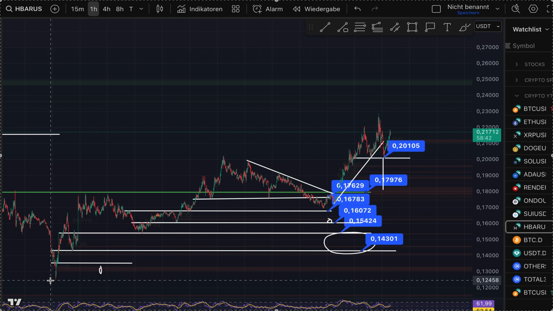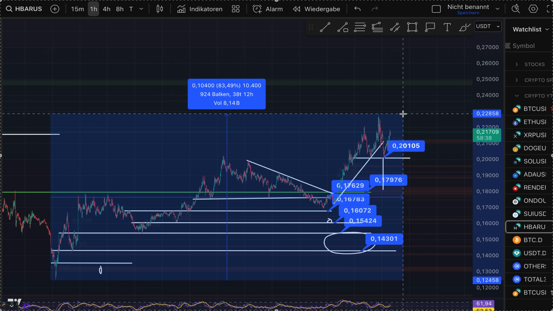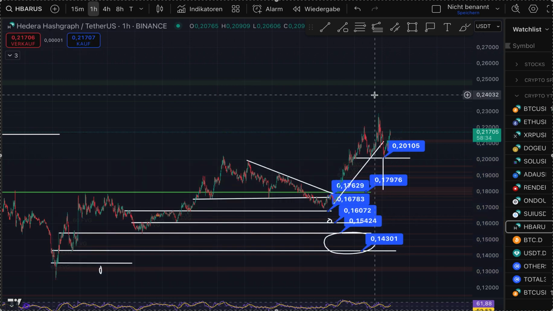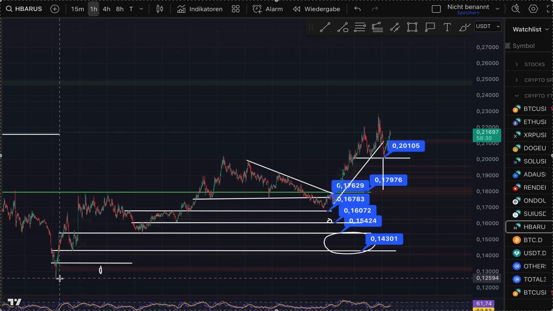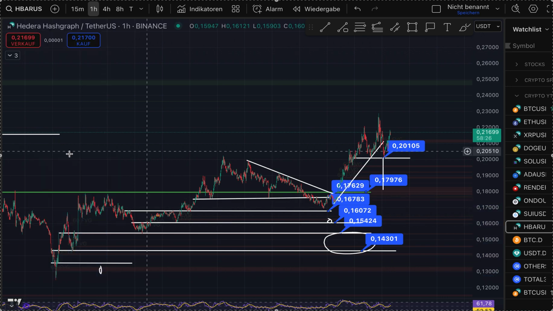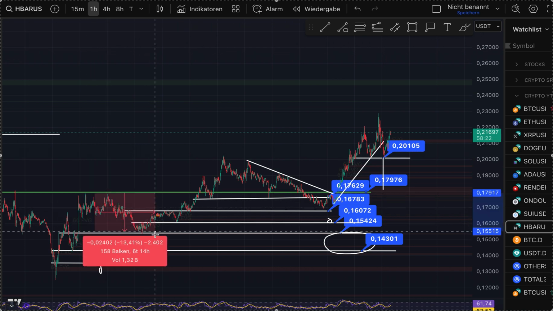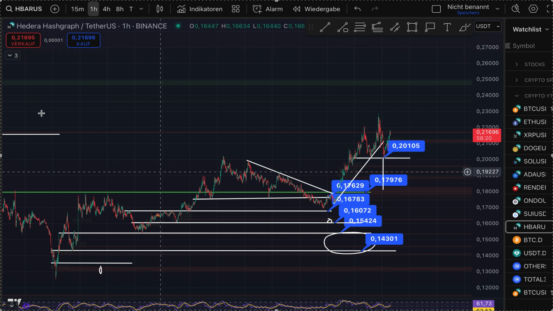Yeah, we can take from the low to the top, and you can see 84% price movement to the upside. I can show you that with that here. We got here a push to the upside of 42%, and afterwards we got a correction of 15%.